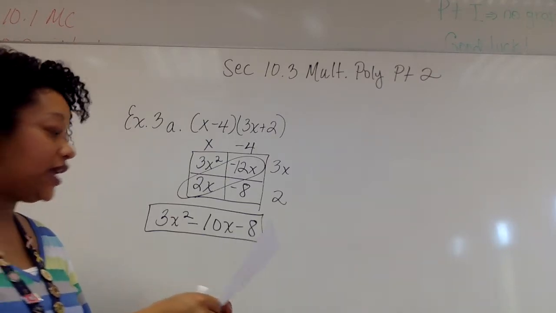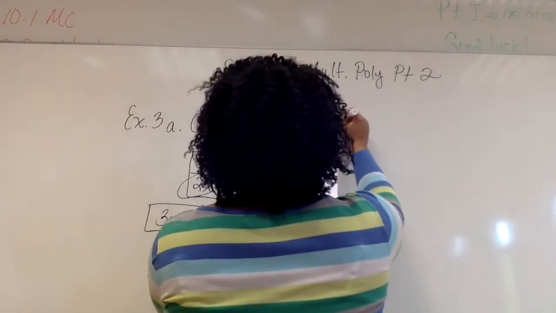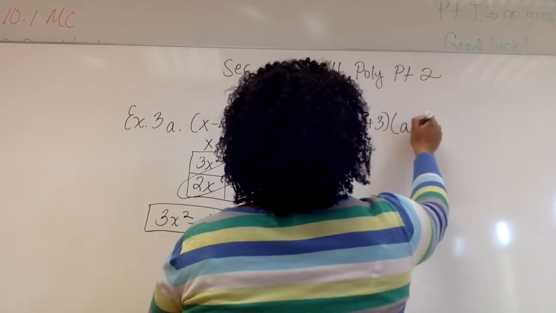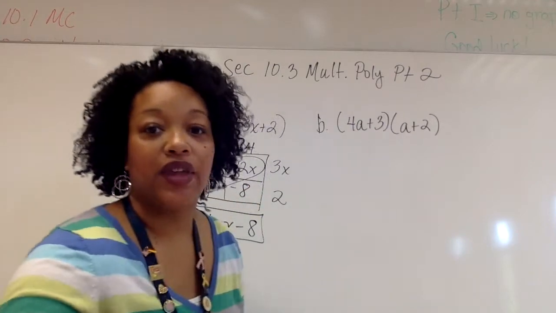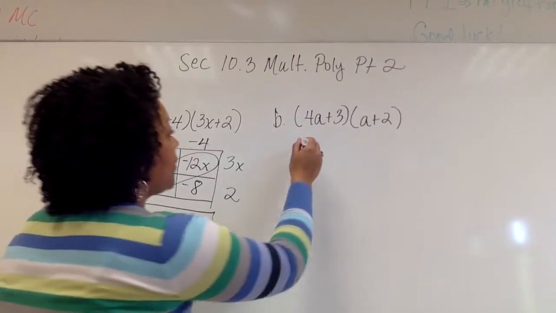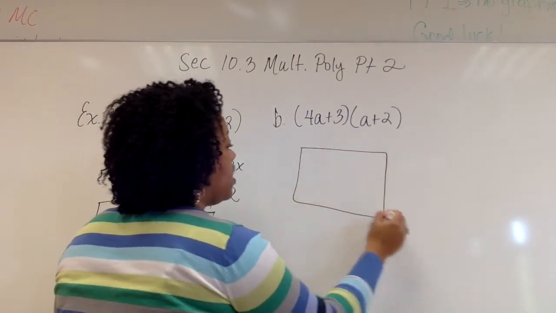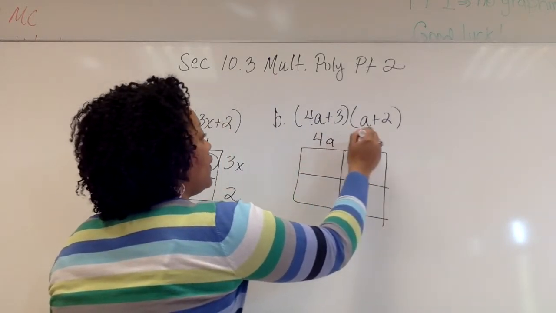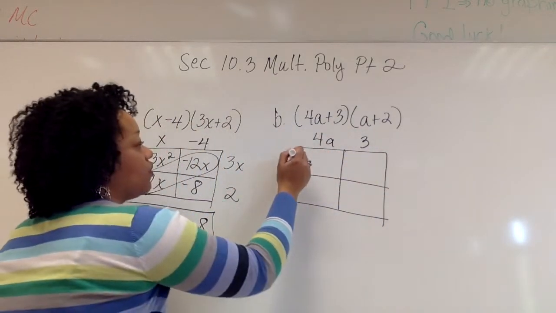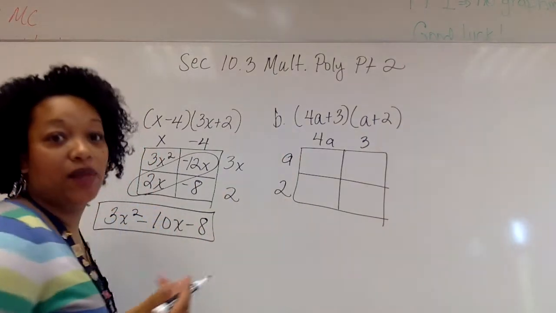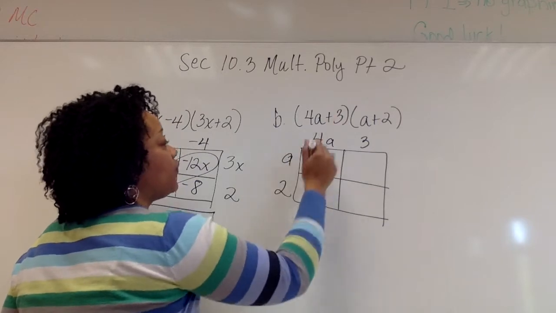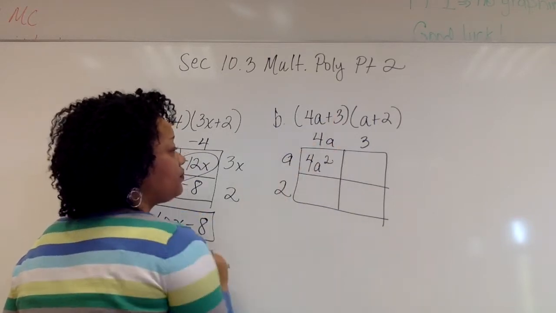So let's look at letter B. For letter B, I have 4a plus 3 times a plus 2. Y'all see that? Okay? So I'm going to set up my box again. Put my terms on the outside, and for this one I'll put them over here so you see that it really doesn't matter. And then I'm ready to multiply. A times 4a is 4a squared.